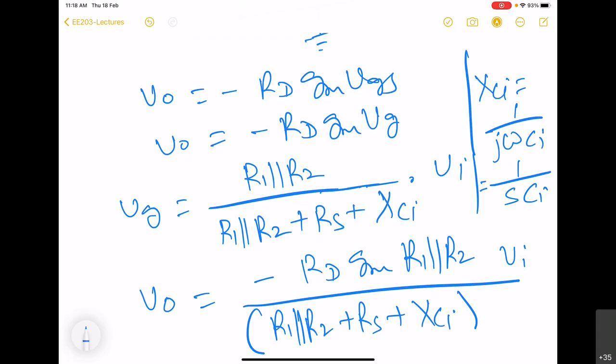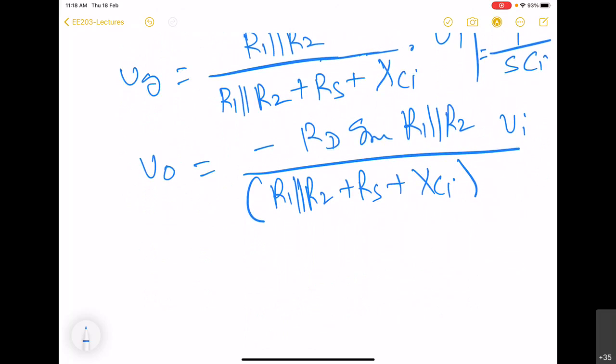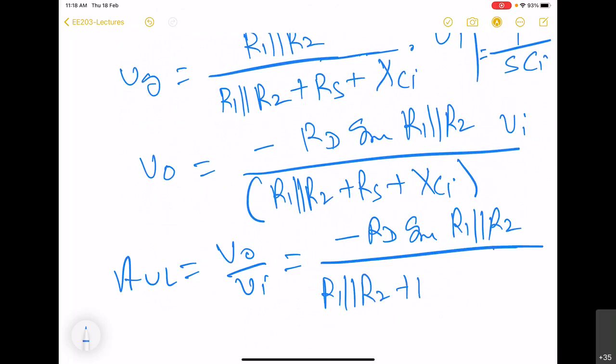Right, so now we can rewrite this in terms of s, because the voltage gain AV for low frequency is VO by VI equal to minus RD GM R1 parallel R2 divided by R1 parallel R2 plus RS plus 1 by sCi.